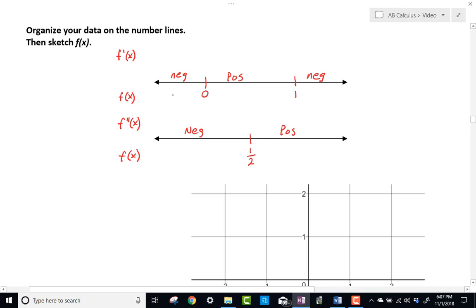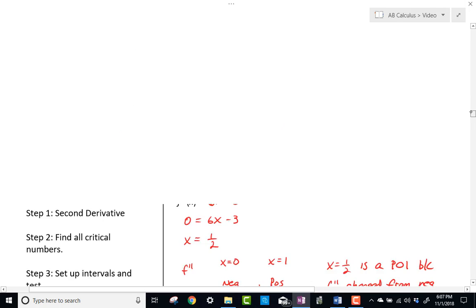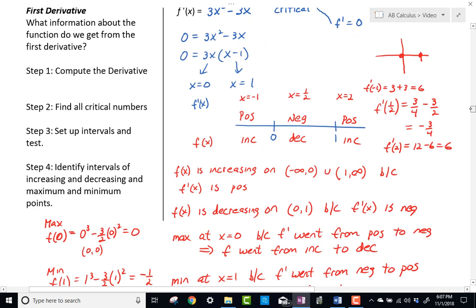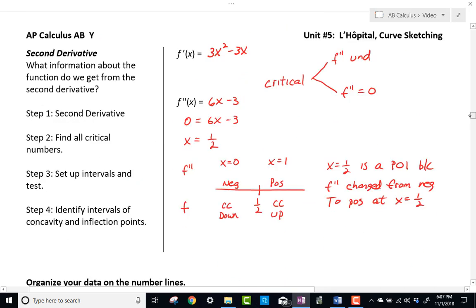So f of x, we would say, is... did I write these wrong here? I wrote these backwards up here. Sorry about that. Let me go back and check my first number line just to make sure. I just want to double check and make sure I wrote those correctly. Positive, negative, positive. Yep. All right.